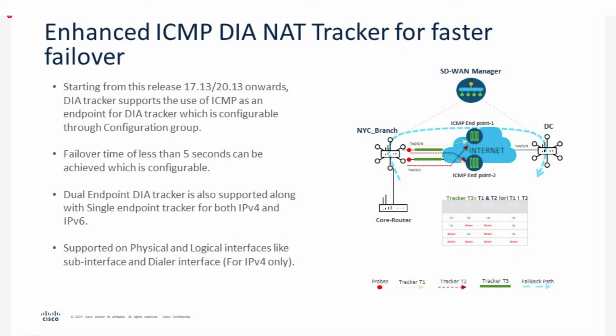The HTTP probes are certainly a very reliable tracker, but the response time for the failover is comparatively higher. So this was leading to delays in failing over to the available paths. Some of our users and customers came up saying that the delay was not acceptable, and certain critical traffic gets impacted due to this delay in the convergence from the failed path to the available path.